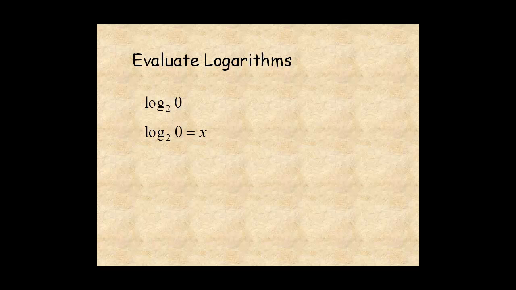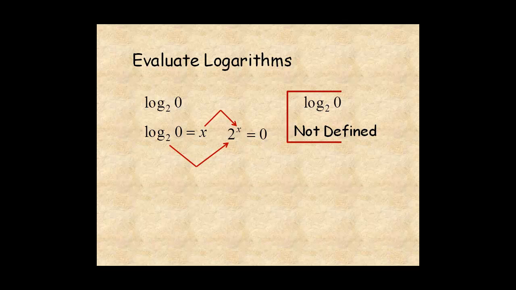When you write the exponential form, you can see this is not possible. You can't raise a number to any power and get 0. And don't get this mixed up with the 0 exponent. 2 to the 0 is equal to 1. So the log of 0 is not defined.